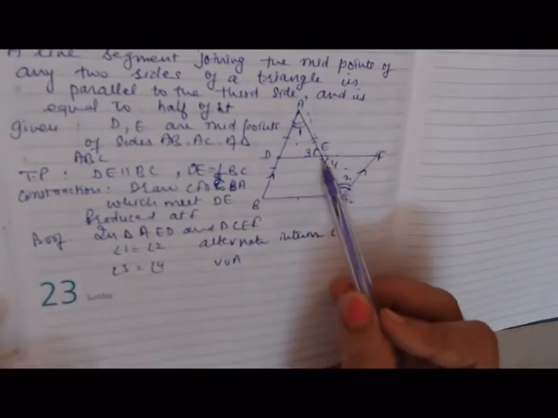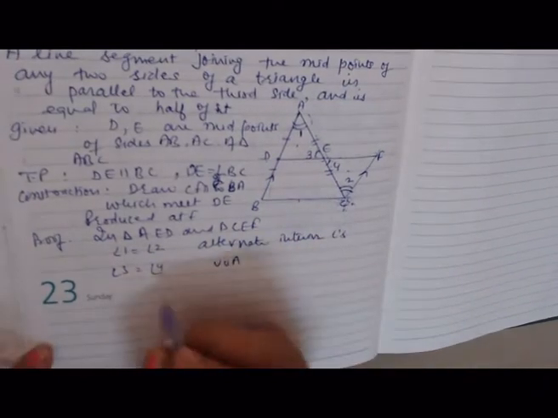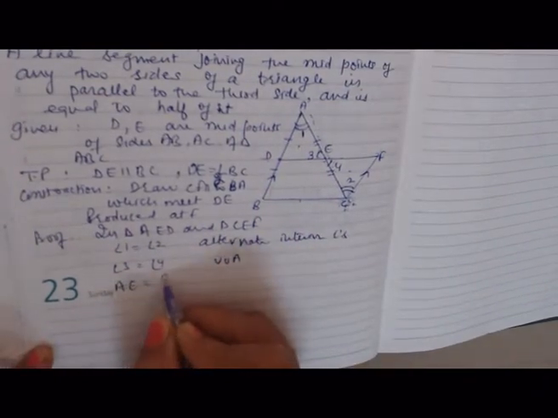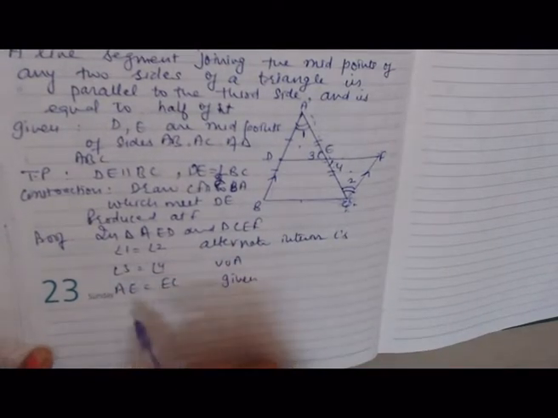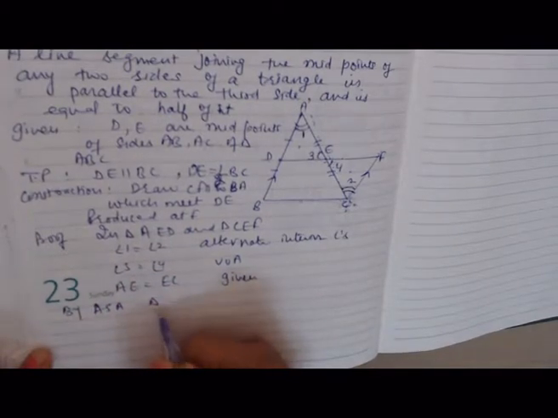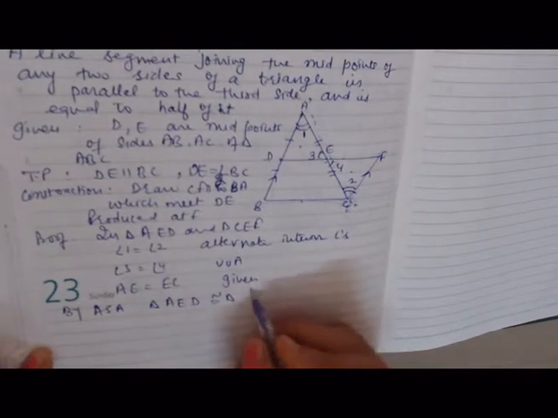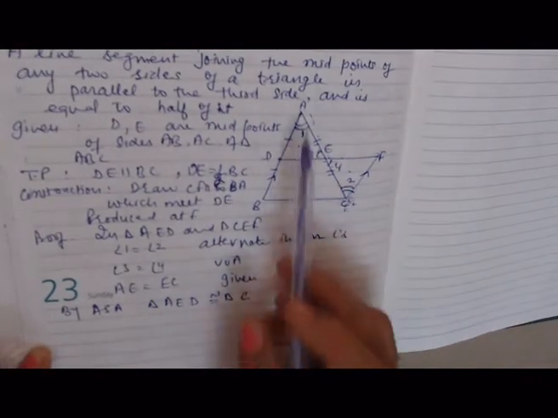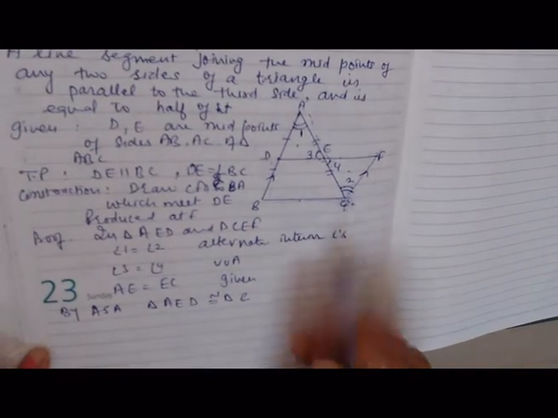Now given E is the midpoint of AC, so AE is equal to EC, that is given. So by angle side angle, triangle AED is congruent to triangle CEF.